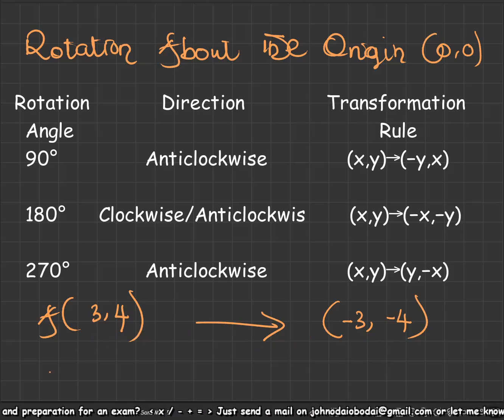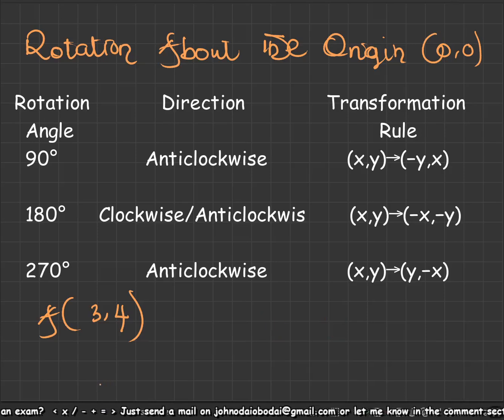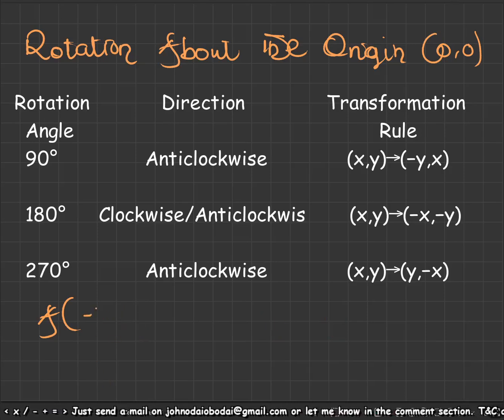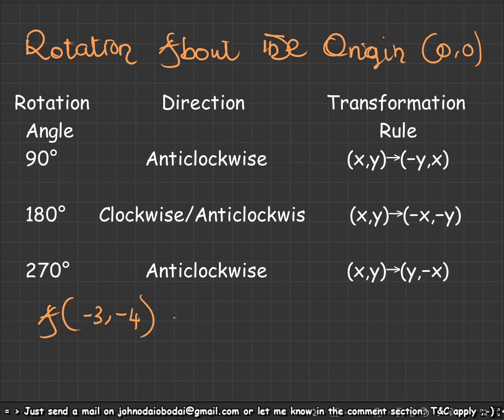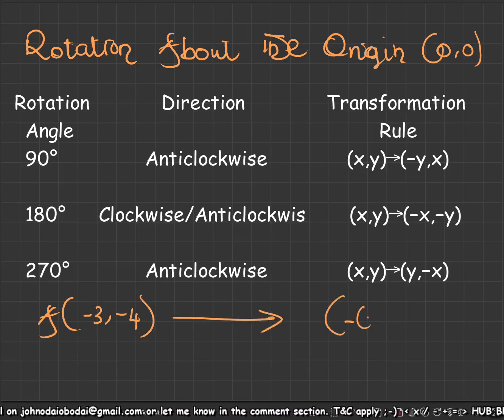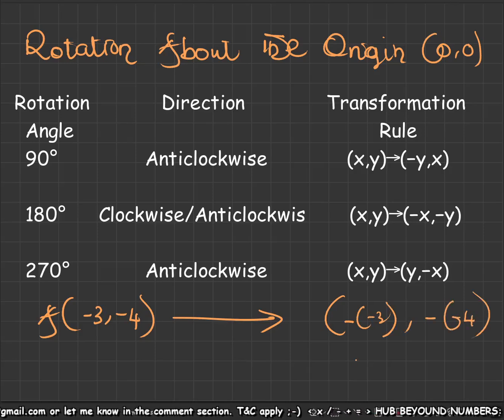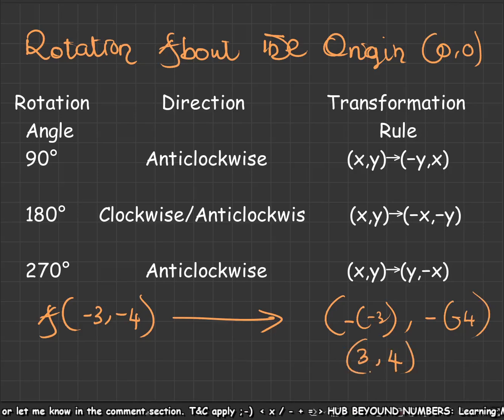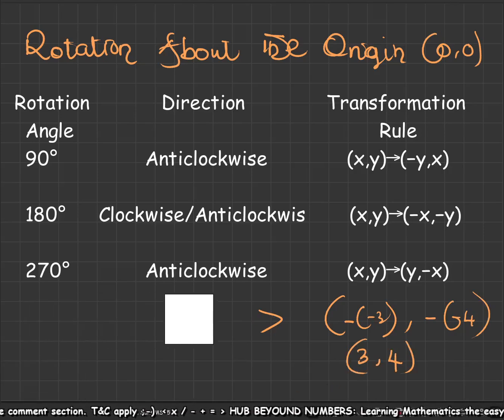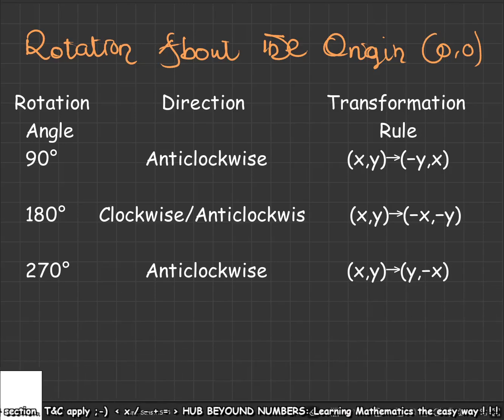That simply means that if our coordinate was negative 3, negative 4, then rotating it gives negative of negative 3 and negative of negative 4, which becomes 3 and then 4. So this also calls for you being able to work with your integers.